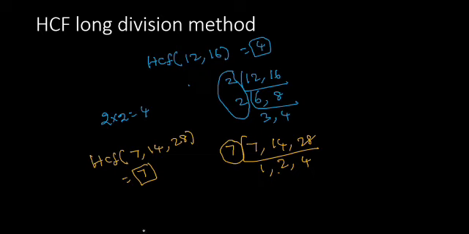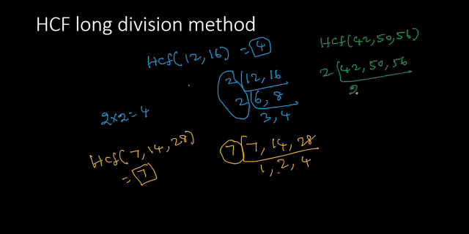Let us take something like this. So I want to find the HCF of 42, 50 and 56. Now just take 42, make long division here, 50 and 56. Now all will be divisible by 2. So this goes 21 times, this goes 25 times, and this goes 28 times.